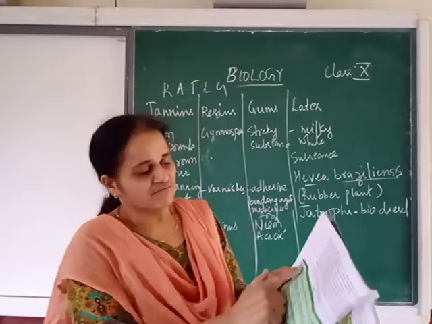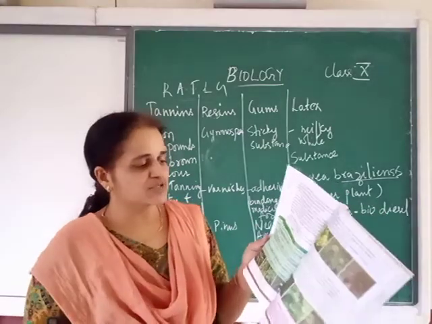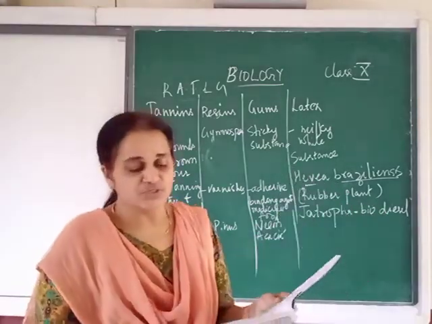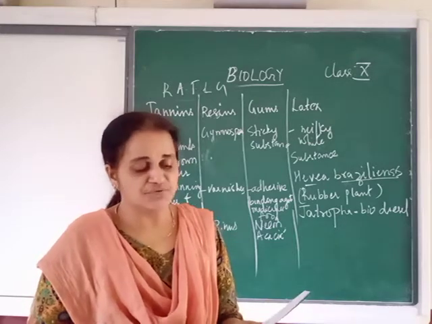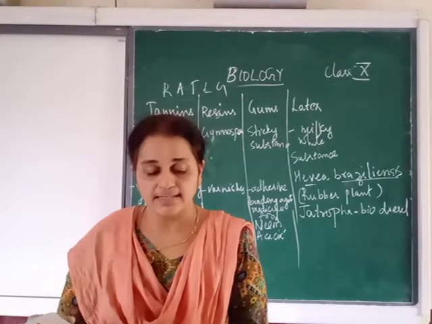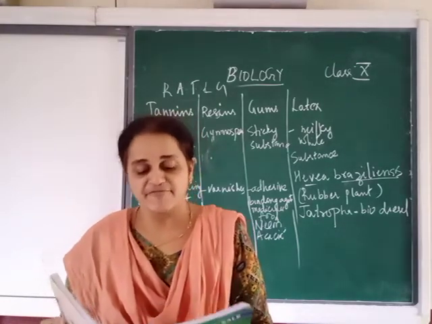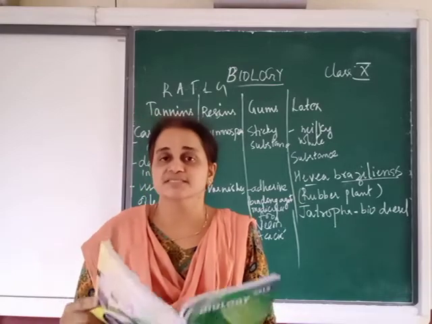The first one was quinine, an anti-malarial drug. Next was nicotine, used as insecticide or stimulant. Morphine, cocaine, used as painkillers. Reserpine, medicine for which bite? Snake bite. Caffeine, central nervous system stimulant.